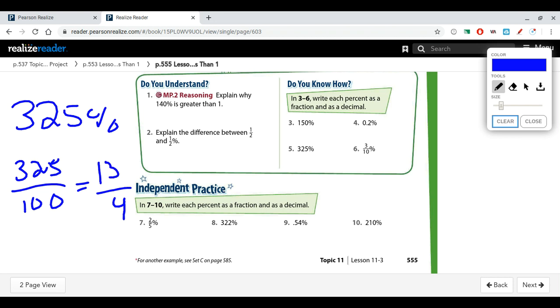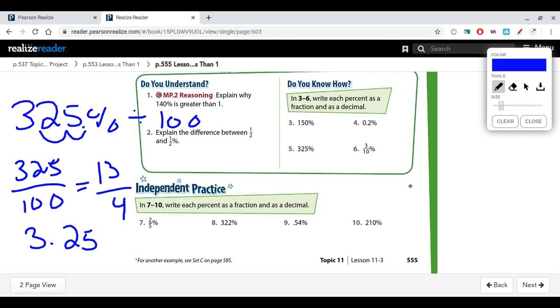And go ahead and just leave it in improper form. Don't write it as a mixed number. So it's 13/4. And then my decimal: if I'm taking a percent and turning it into a decimal, if you recall, I'm dividing by 100. So the decimal is going to go here. I move it 1, 2 to the left. So it's going to be 3.25.